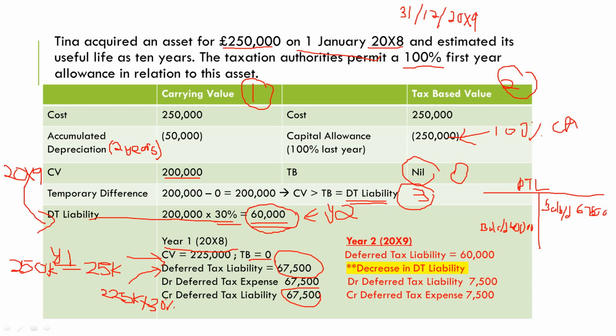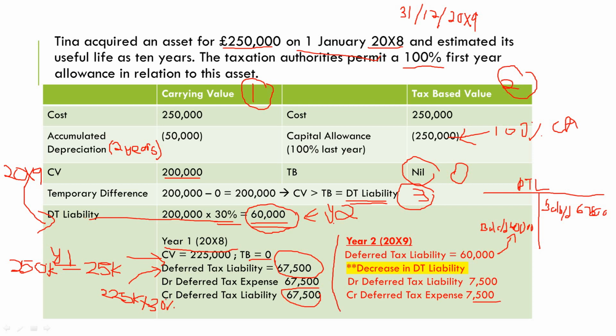So for the second year, for year 2009, we have to make sure that the balance carried down is 60,000. So you have to do the adjustment by debiting the deferred tax liability 7,500, and this will decrease your deferred tax expense by 7,500 as well.